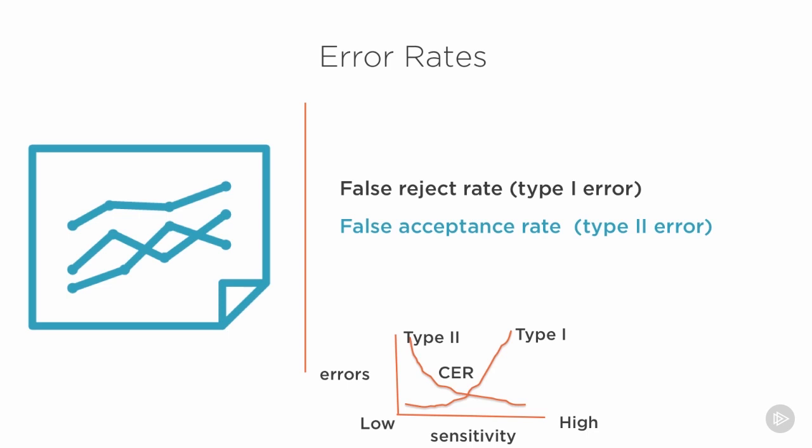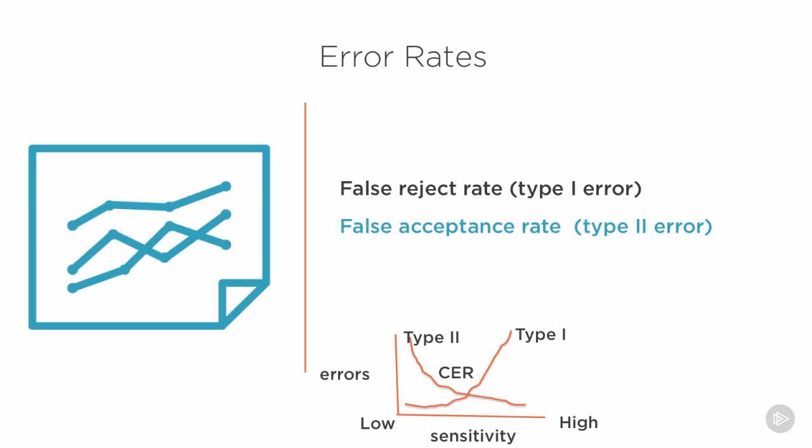The system will become more accurate, or more precise, and it will be able to prevent unauthorized access. But the problem is, as we increase the sensitivity, we will also increase the false reject rate. More and more employees every day will have to go through additional screening or additional verification before they are allowed in.